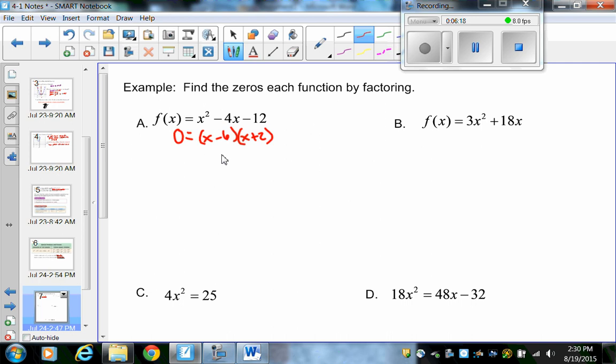So this is where our zero product property comes into play. Since this times this has to equal 0, one of these, if not both of these, has to be 0. So then from this point, we're going to take the first factor of x minus 6, set it equal to 0. Take the second factor and set it equal to 0. So this would give me that x equals 6, and this gives me that x equals negative 2. So those are our two answers.